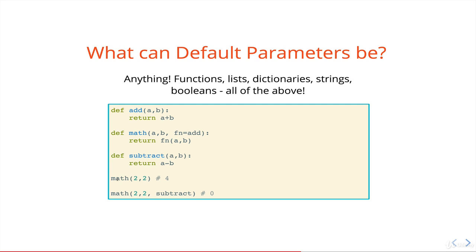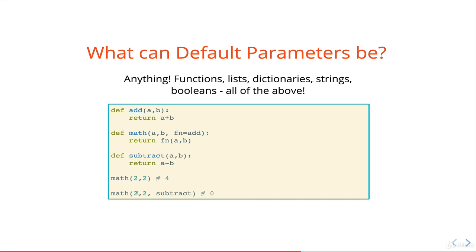So in this first example, math 2, 2: a is 2, b is 2, and no fn was provided, so it defaults to add. So add 2, 2, which then calls add up here, which returns 2 plus 2, which is 4. So we have a default parameter which is a function, in this case add.